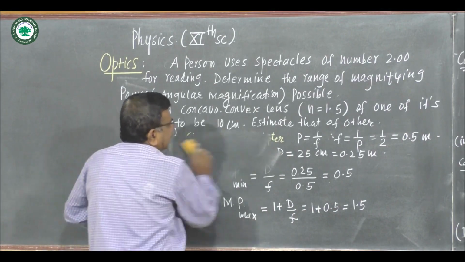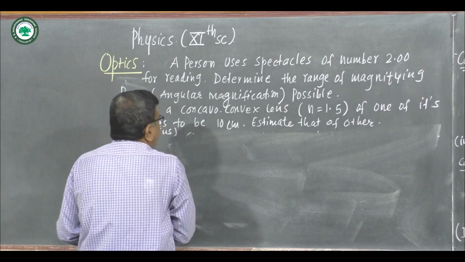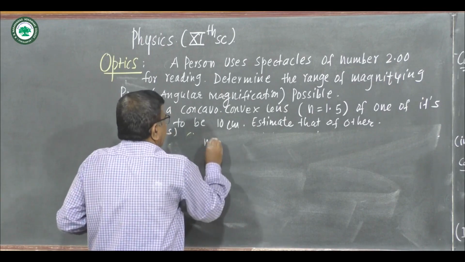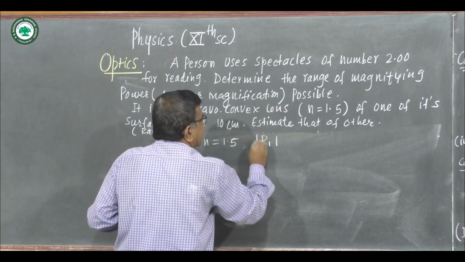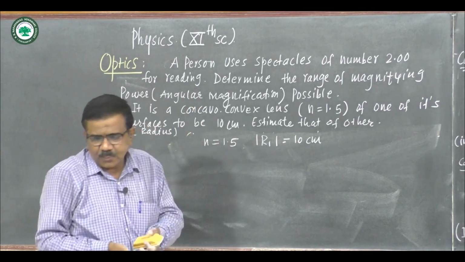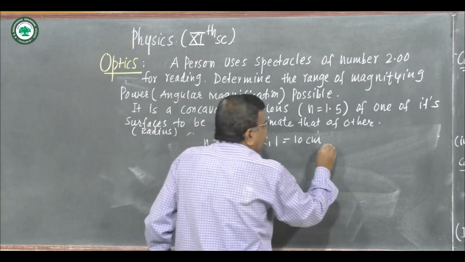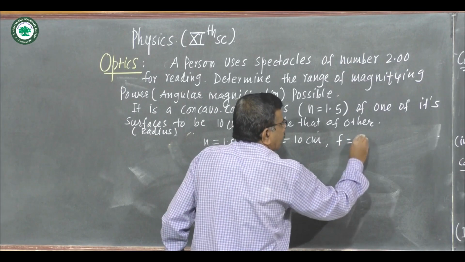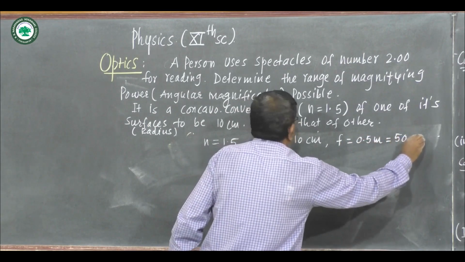Now see the next part. In the next part it is given that the refractive index is 1.5. One of the radii is 10 centimeter. Suppose that radius is R1, and we already found the focal length, 0.5 meter or 50 centimeter.